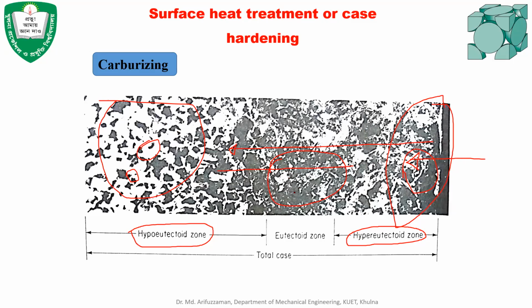At some point it will give you the eutectoid zone, which has 0.8% carbon, and if you go further, you will find the hypoeutectoid zone, that means the actual structure of the material. Okay, any question here?